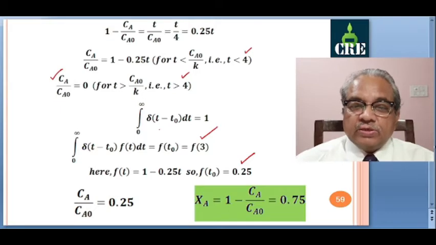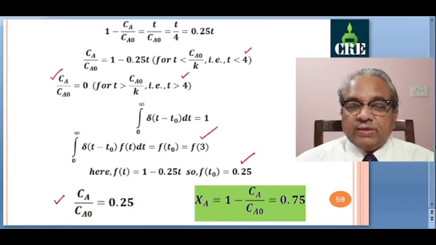So what does this represent? f of t0 is the complete solution of this. That means del t minus t0, and f of t is Ca by Ca0, for which I have substituted 1 minus 0.25 t, and I get this because t0 is 3. So f of 3 I substitute here and get 0.25. So this is my value of Ca by Ca0.